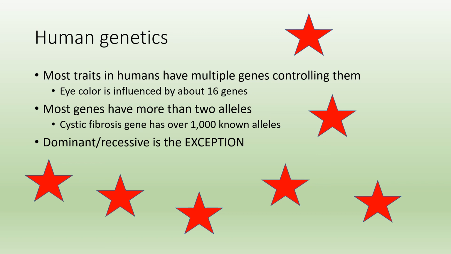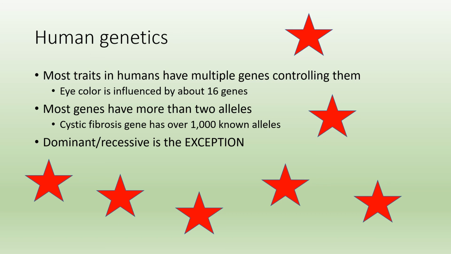Most genes have more than two alleles. So it's not just a dominant allele and a recessive allele. The cystic fibrosis gene, for example, has over 1,000 known alleles. So that's 1,000 different versions of that gene, some of which don't cause cystic fibrosis, others of which do.